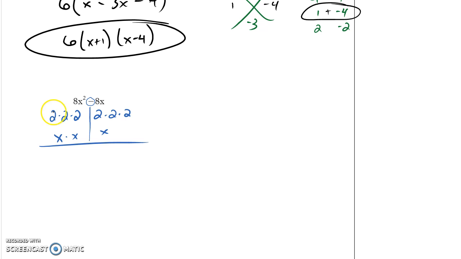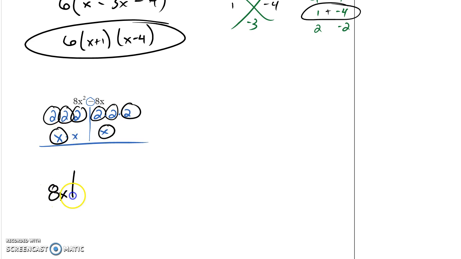So what's in common? 2, 2, 2, x, and that's it. 2 times 2 is 4, times 2 is 8. X is my common factor. X is left over here.